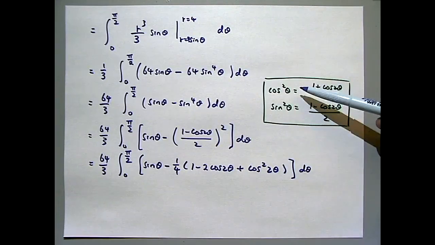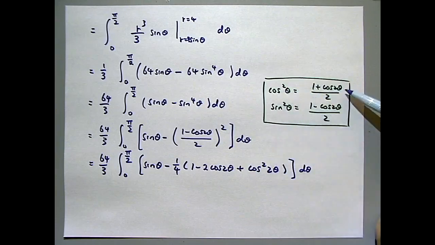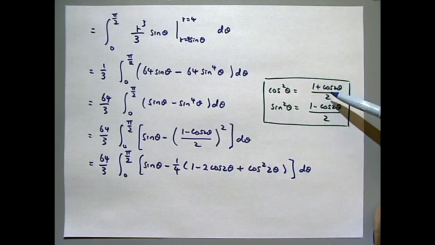And you use that identity one more time here for this squared. Cosine of theta is equal to this, so cosine squared of 2 theta is 1 plus cosine 4 theta over 2.